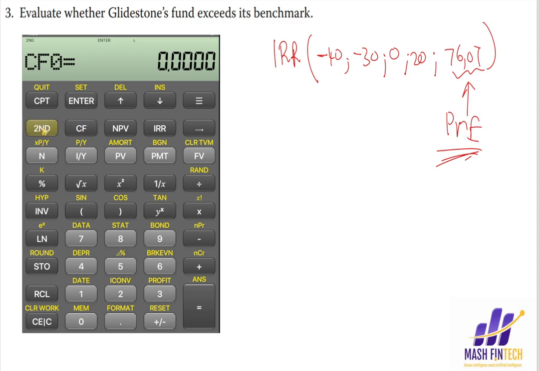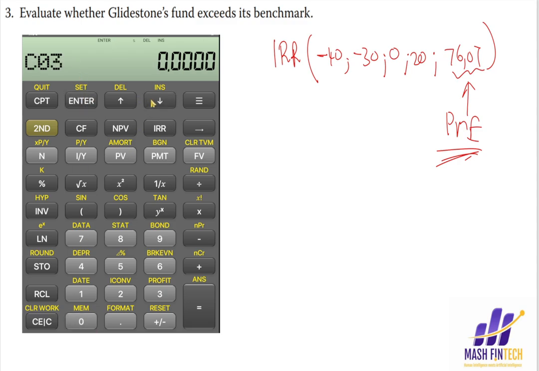I like to clear everything here. I clear everything, and then I put in the cash flows. 40, it's a negative, you enter. And then the first cash flow is minus 30, it's a negative, you enter. The third one, the cash flow 2, it's 0, you enter that.